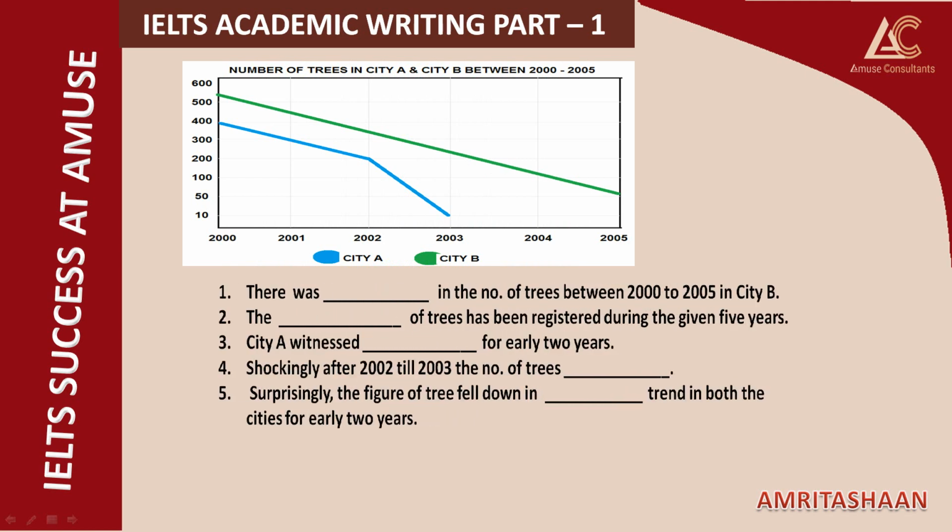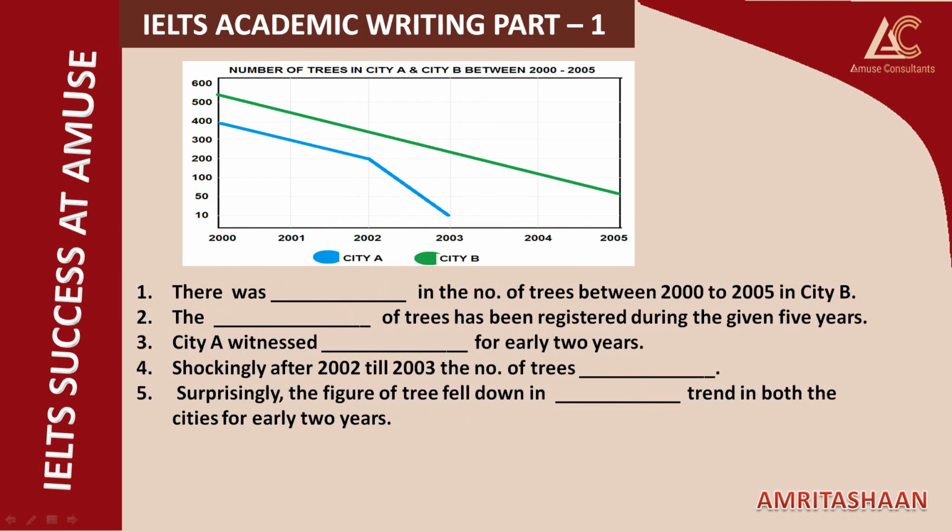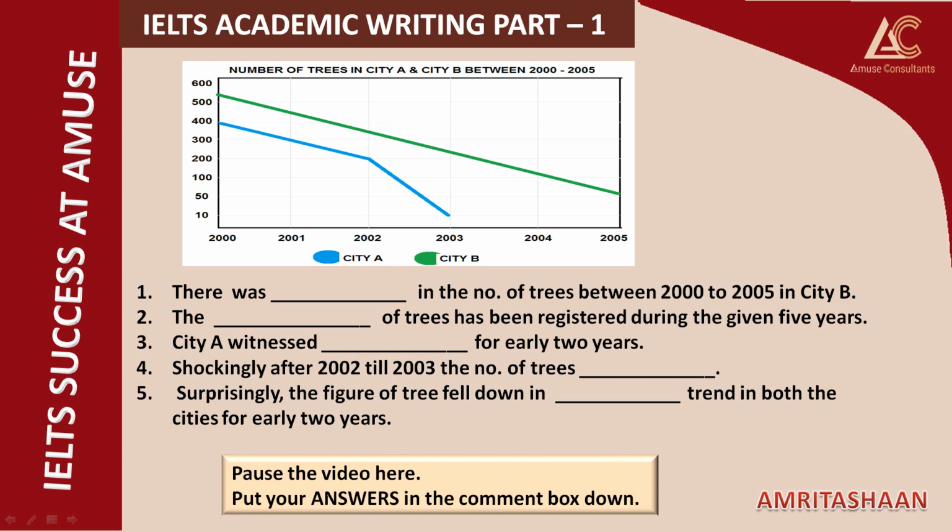So this is the graph that I have taken for you today, and 5 blanks are there. Dear learners, read all the sentences carefully, and you can pause the video here and put your answers in the comment box down. You can take your time, read it carefully and complete it at your ease.